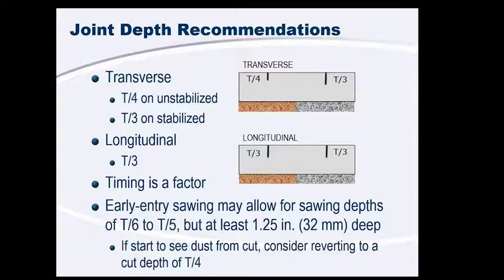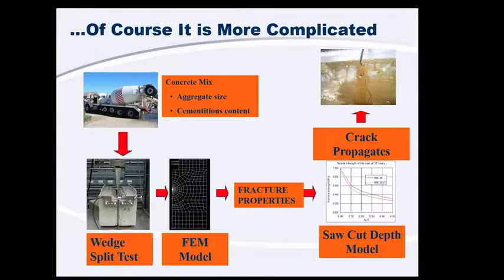If you do start to see some dust kicking up, that means that your strength is developing a little more quickly than you'd like, and that also probably indicates that your stress development is going a little bit quicker than you'd like, and you really want to make sure that you alter your sawing pattern to about 1/4 of the thickness to make sure you activate the joint where it's supposed to activate.